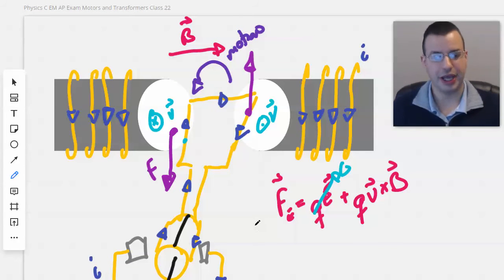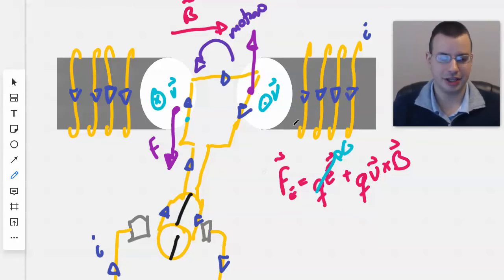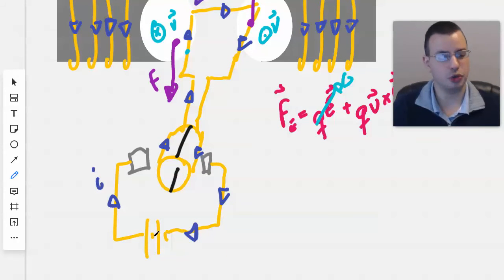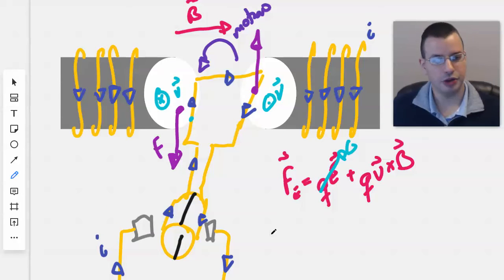You could also take this, and instead of having a battery, if you had some sort of motion, like a crank, you could spin this loop manually, and that spinning would create an EMF, a voltage, down at the charge. So this is completely reversible. You can either put in electricity and get motion, or put in motion and get electricity.